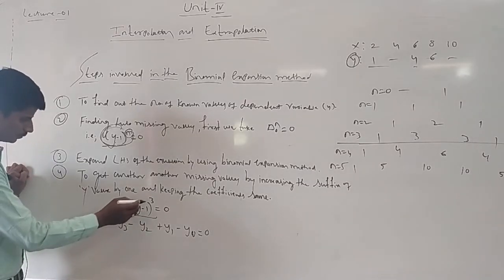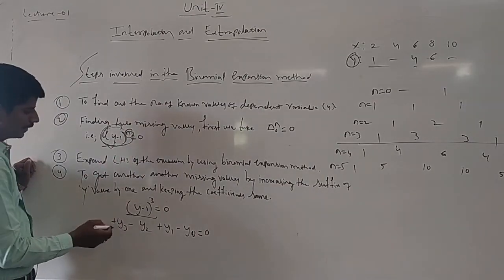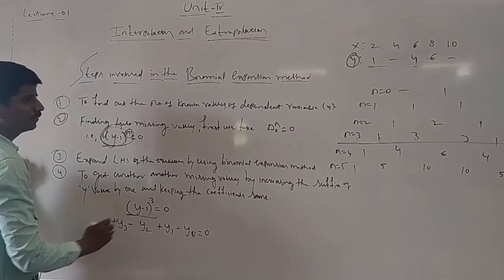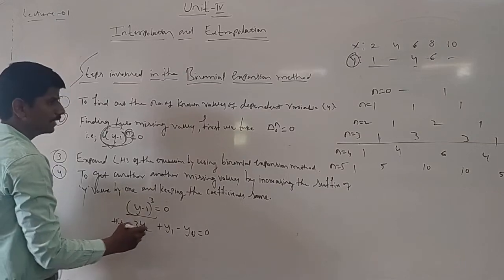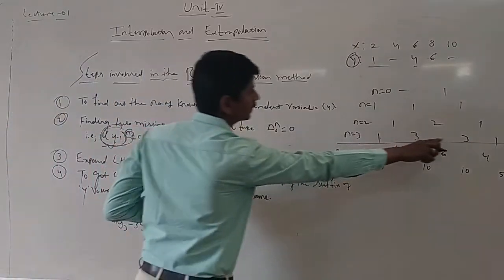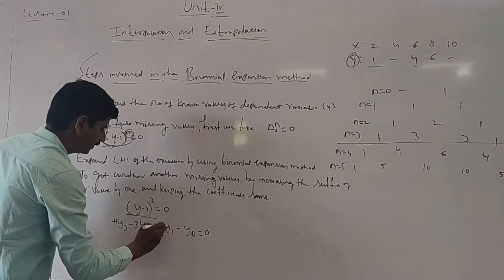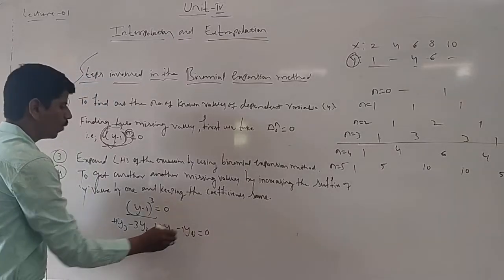Okay, here you have to write the coefficients. Here you have to take this one, that is 1, that is 1y3 minus 3y2 plus 3y1 minus 1y0.